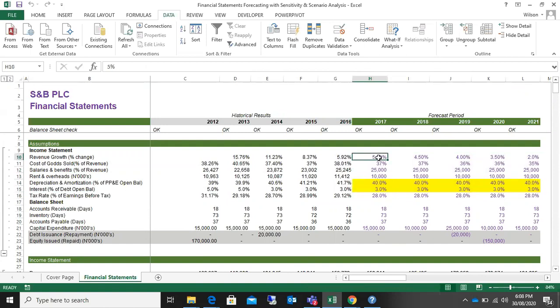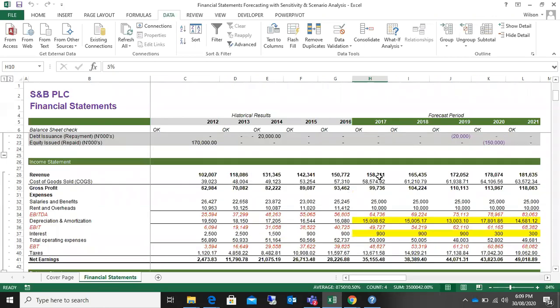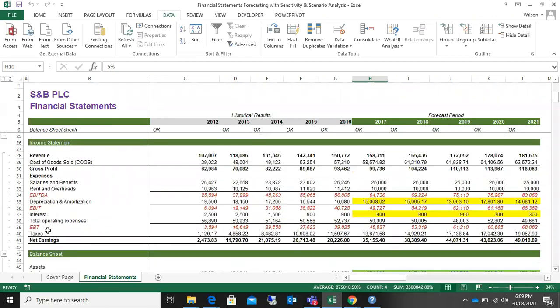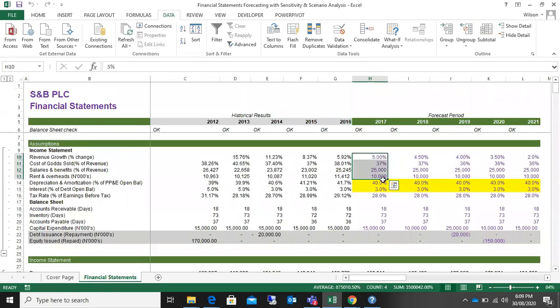If I say, for instance, what is the impact of having revenue growth rate at 5% and cost of goods sold at 37%, flat rate of salaries and benefits of 25,000, rent of 10,000? What's the impact of all of this on my EBITDA, my EBIT, and my EBT? That is a base case because it's actually a current case. Current in the sense that though it's a forecast, that is the position we will be in the future.